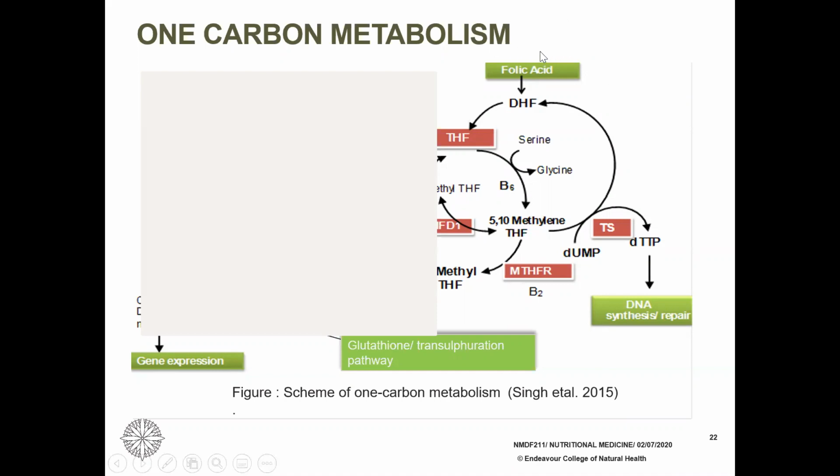So remember, when we absorb folate, we convert it into a monoglutamate form, and then it comes in the blood and it reaches liver, from where it is transported to every cell of the body, because every cell needs it. I know I have written folic acid here, just to indicate that it is the monoglutamate form that is starting this reaction.